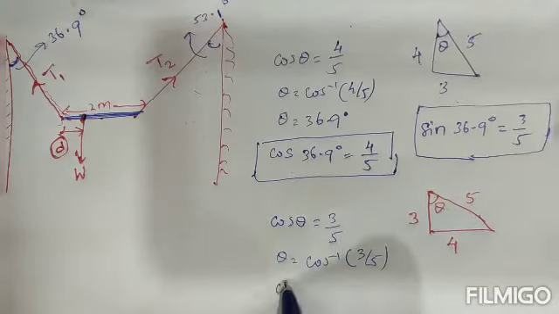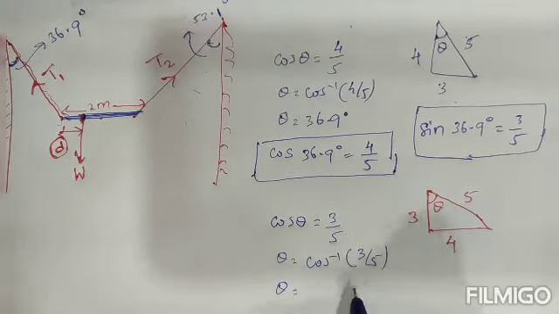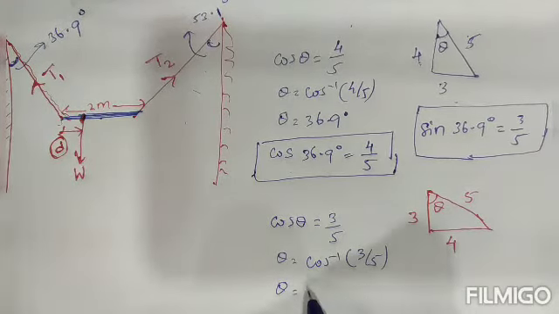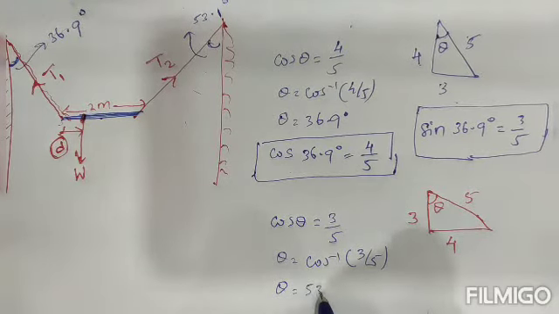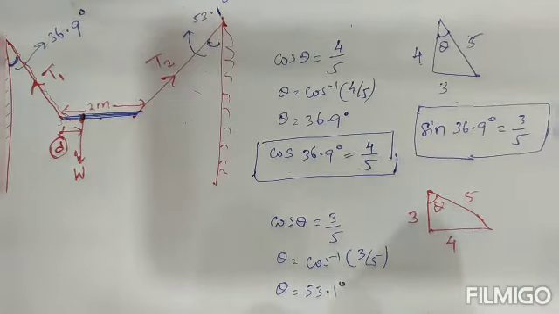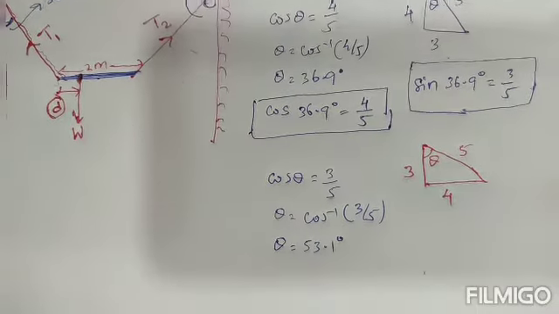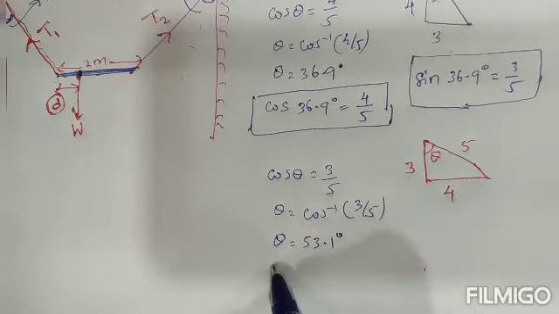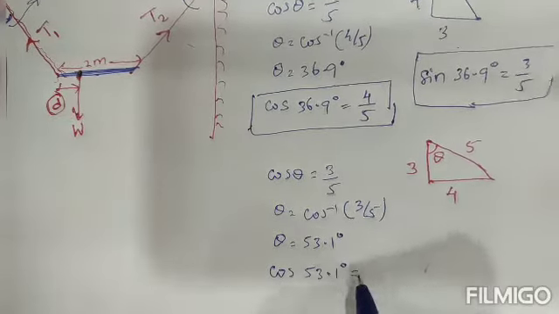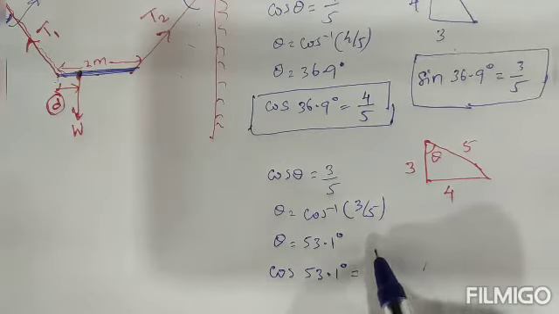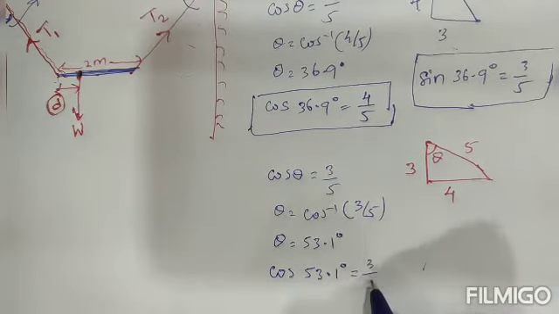If we simplify, we get the theta value, that is 53.1 degree. Okay, therefore the meaning is cos 53.1 degree is equal to 3 by 5.